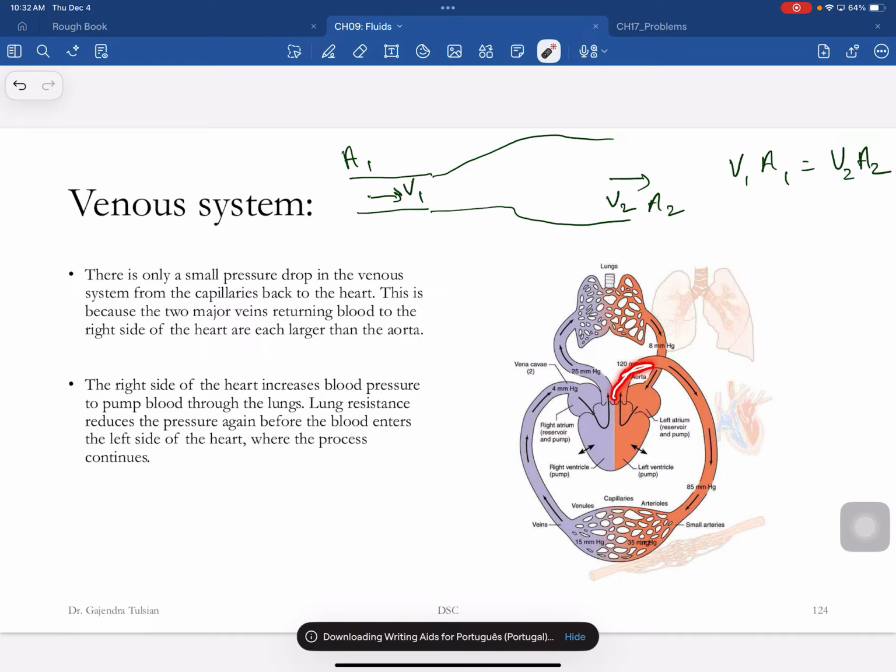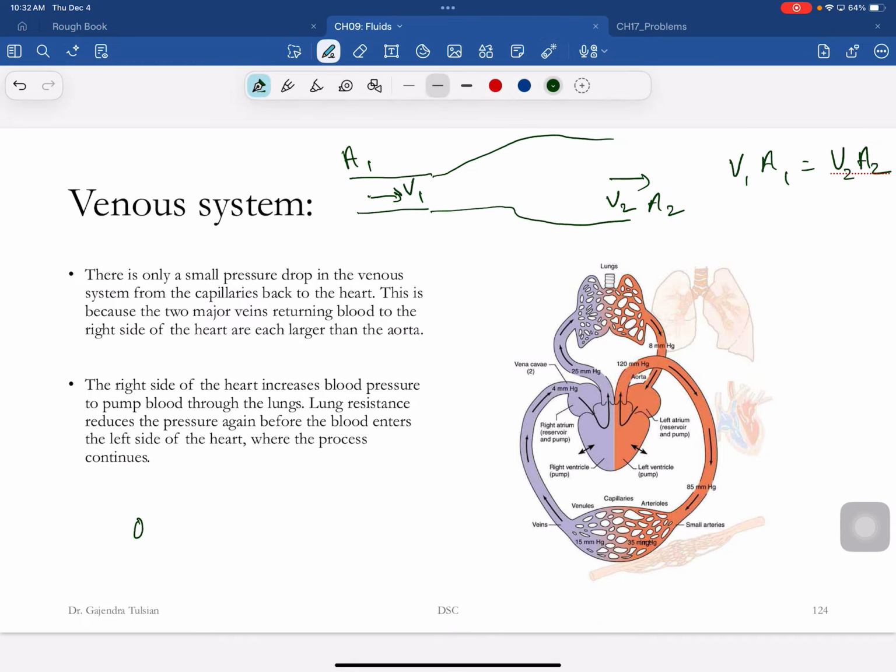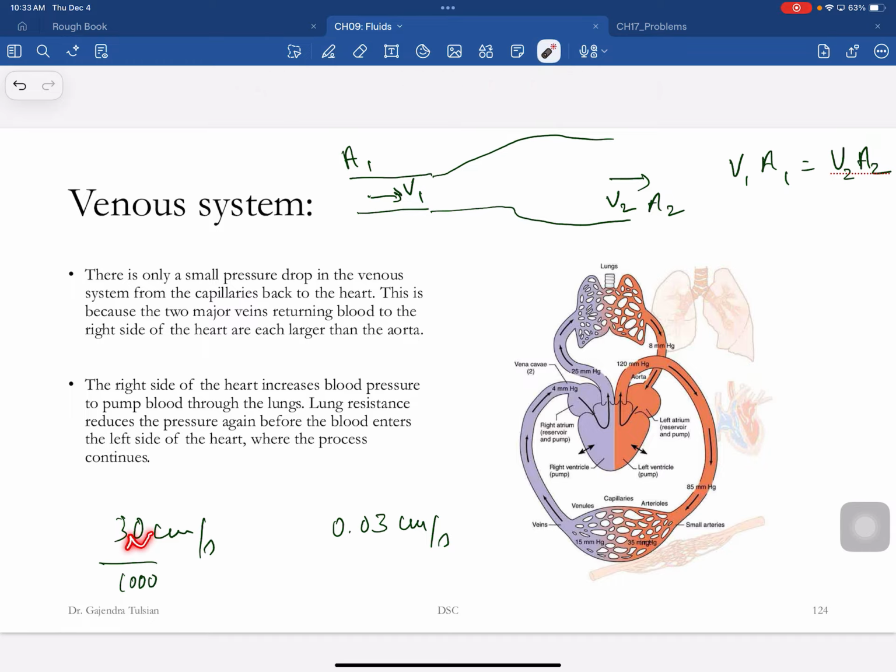Roughly the blood coming out of here is 30 centimeters a second. That's the speed of the blood. That is too fast. If blood were flowing that fast in the capillaries, there would be no time for diffusion. In the capillaries, the blood is flowing at 0.03 centimeters a second. So if you divide this by 1,000, you get this guy.